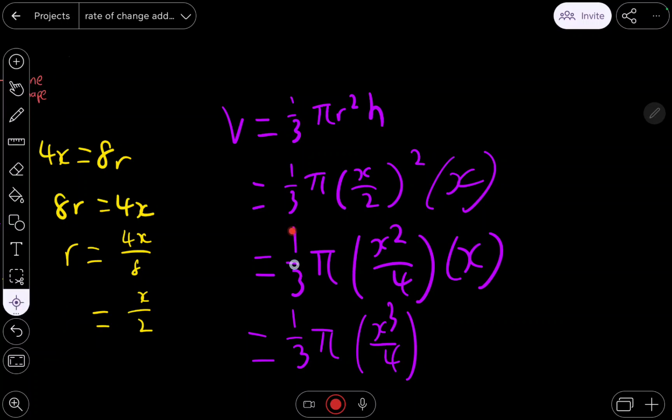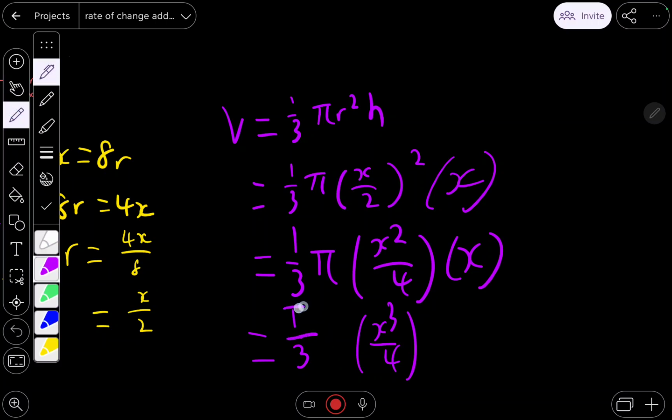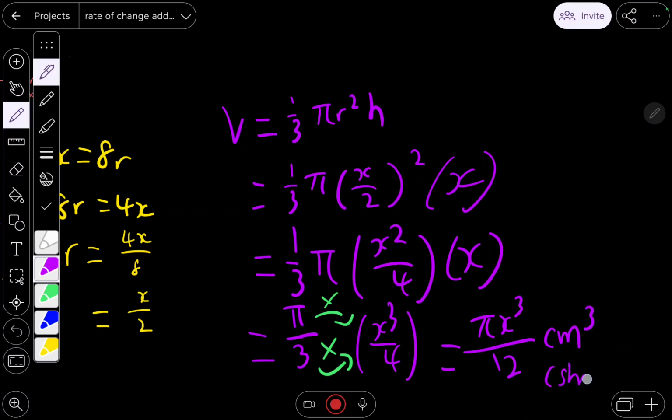Throw my pi to the numerator, it will be pi over 3. Alright, so this one, remember, numerator times numerator, denominator times denominator. So this will be pi x cubed over 12 cm cubed. And you must write the units.